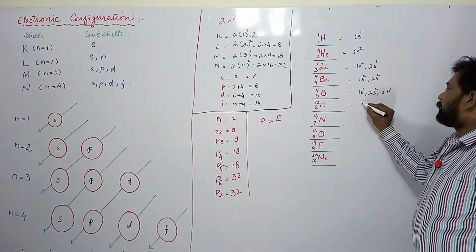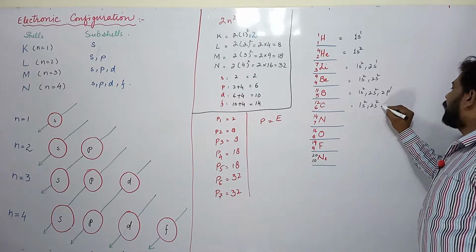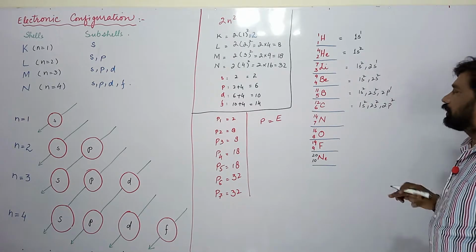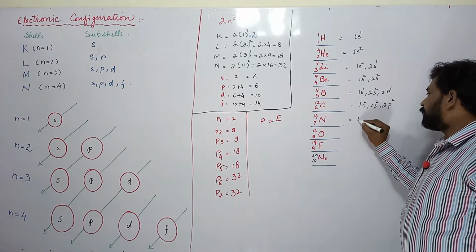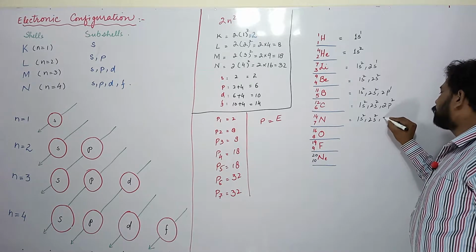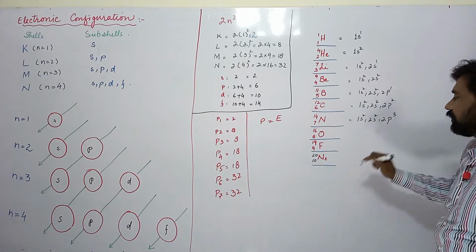Now in case of carbon, 1s2, 2s2 and 2p2. 2 plus 2 plus 2. In case of nitrogen, 1s2, 2s2 and 2p3. 3 to 5 to 7 electrons.